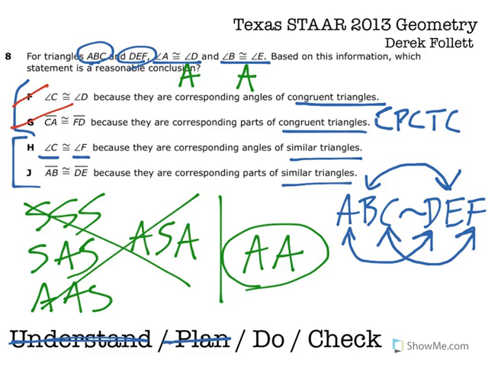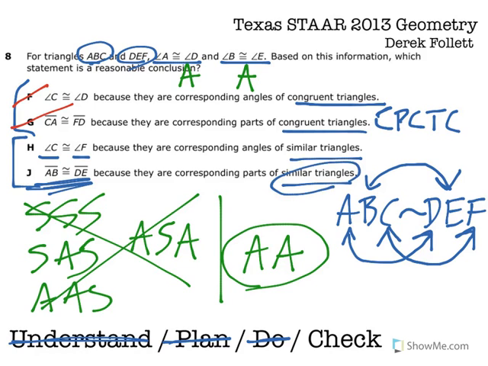So I carried out my plan. I was able to eliminate 2 of those. I've got H. How can I check it? Well, I can look at choice J. J says side AB is congruent to side DE because they are corresponding parts of similar triangles. Well, that's the problem right here. It says that they're congruent.